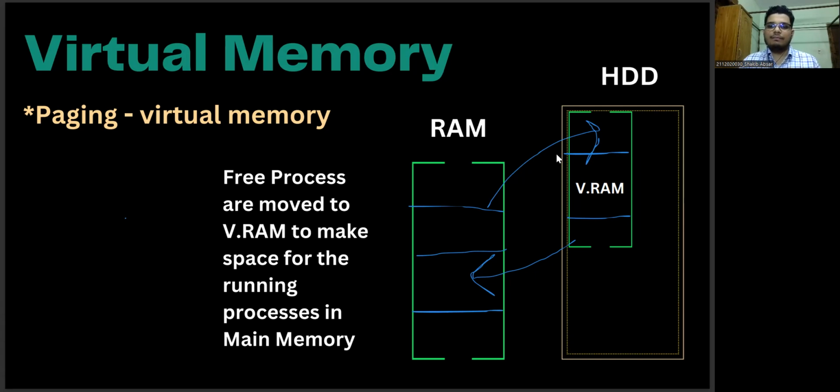So when I'm playing a game, I am not editing, I am not graphic designing. So these two unused processes are allocated into the VRAM or the virtual RAM that is portioned onto the hard disk. So when I'm opening the editing or graphic design process, these two are again rolled back to the main RAM memory for fast access.